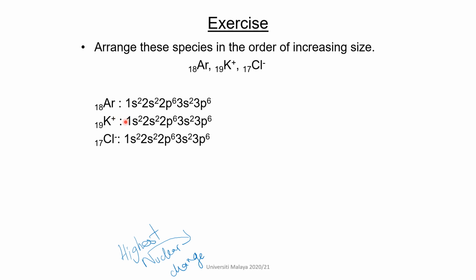So it turns out that although they have different proton numbers, due to the loss and addition of electrons, potassium and chloride ion have the same electronic configuration, or the same number of electrons, as argon. So these are all categorized as isoelectronic species. So we have to decide which one is the smallest and which one is the biggest.